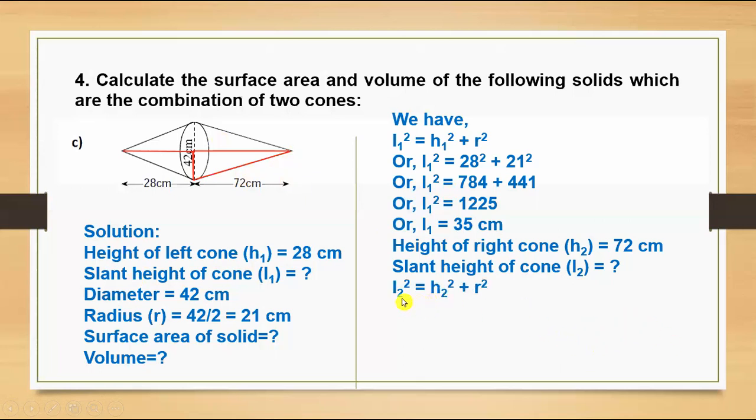So use the same formula, l square is equal to h square plus r square. In place of l and h, there are l2 and h2. So l2 square is equal to h2 square plus r square. Put all the values which we have. Height 72 square plus r square, same as previous, 21 square. Now calculate the value of 72 square. 5184. And then 21 square is again 441. Add both values.